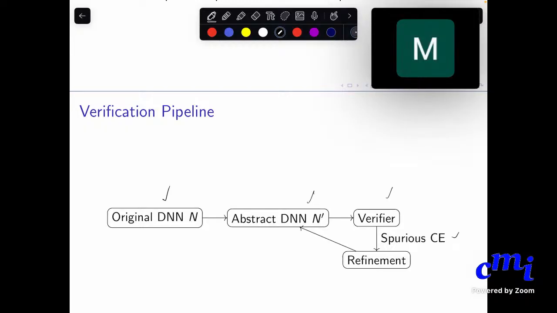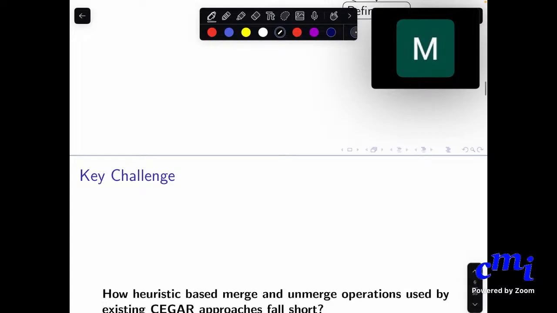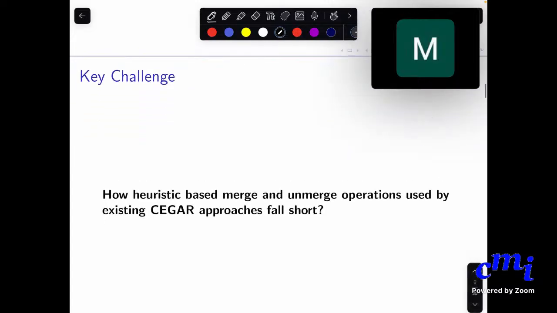If neither happens, then there is a spurious counter example, and based on it we do the refinement process and continue until we come up with a smaller abstracted neural network such that if it validates the property P, that must imply the original neural network also validates the property P.